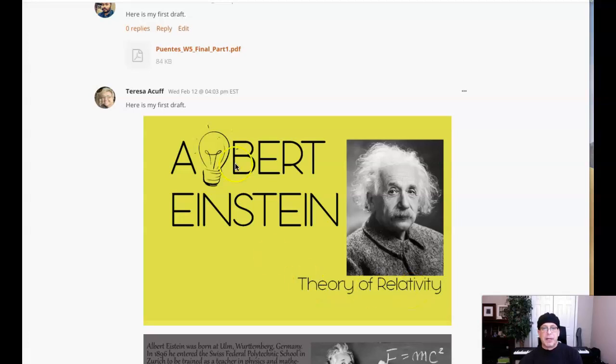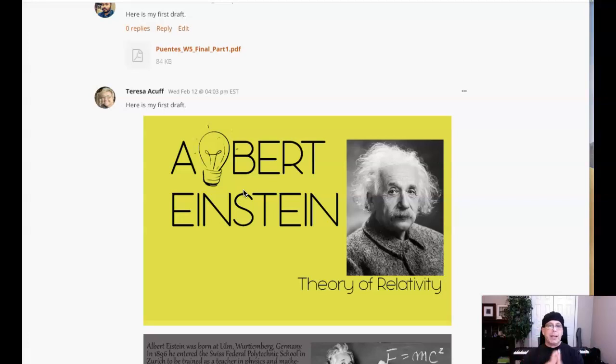This is good. You're showing a good understanding of visual substitution by substituting the L for the light bulb, and that creates meaning, a good meaning with the theory of relativity.